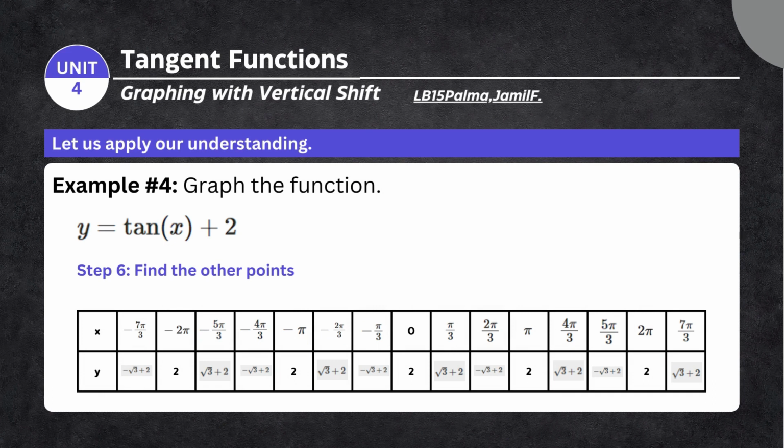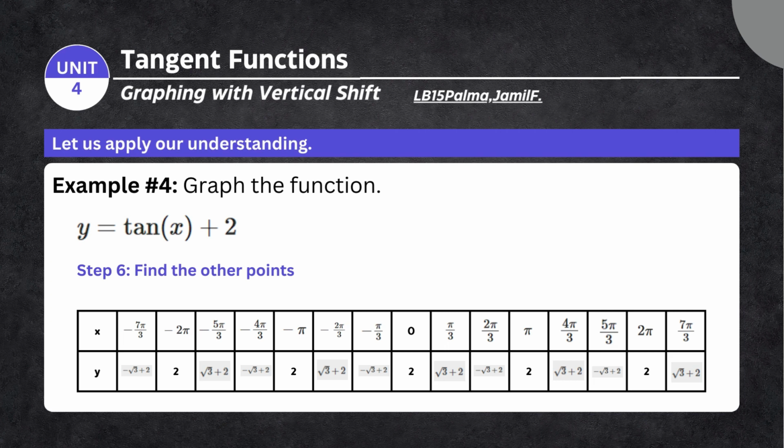The next step is to find the other points. We can do this by substituting x. Let's start with negative 7 pi over 3. If this is the case, y will be negative square root of 3 plus 2. If x is negative 2 pi, y is 2. If x is equal to negative 5 pi over 3, y will be square root of 3 plus 2.